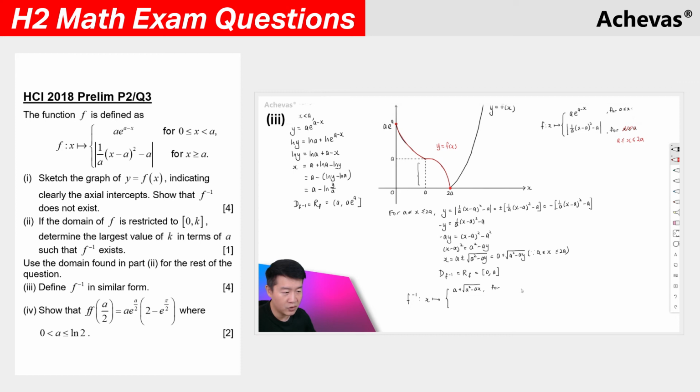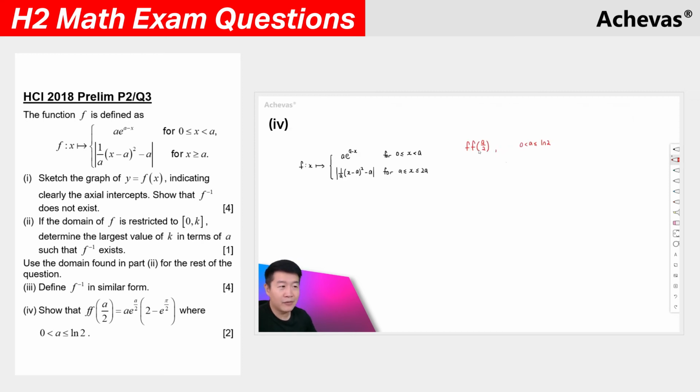This is for x bigger or equal to 0, less than or equal to a. As for the other portion, I'm going to go for this expression. So it's going to be a minus ln of x over a. And this is going to be for x strictly bigger than a, less than or equal to a e to the power of a.